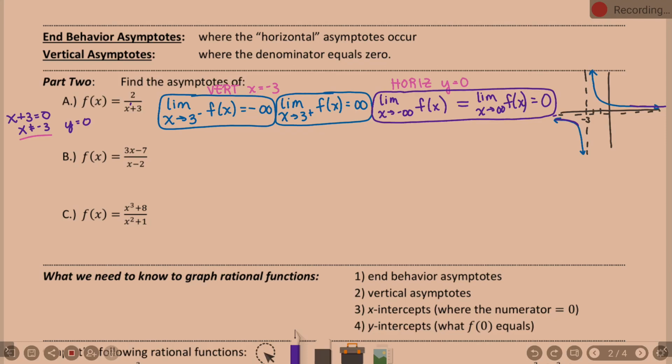Just trying to connect the fact that they are always going to be the same. So did you see what I did there? I said the limit as x approaches negative infinity equals the limit as x approaches positive infinity equals 0. Now, does that mean you can't just put equals 0 on both of them? No, it doesn't. Okay, questions there?